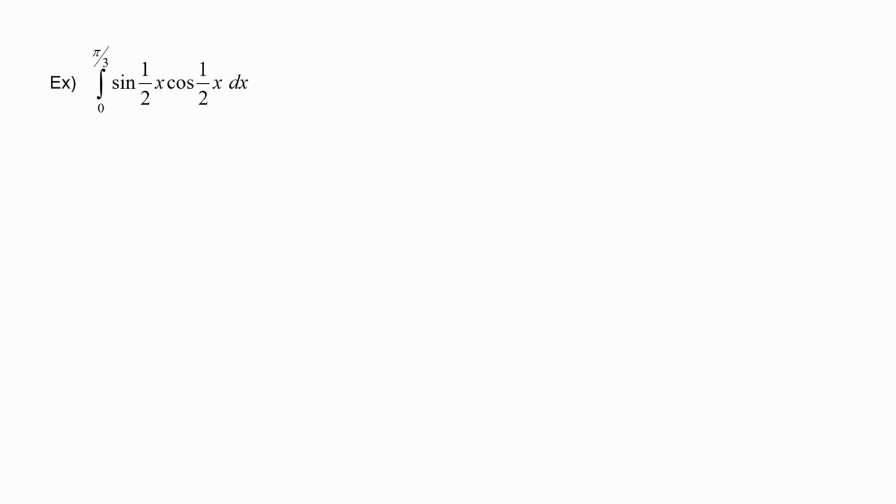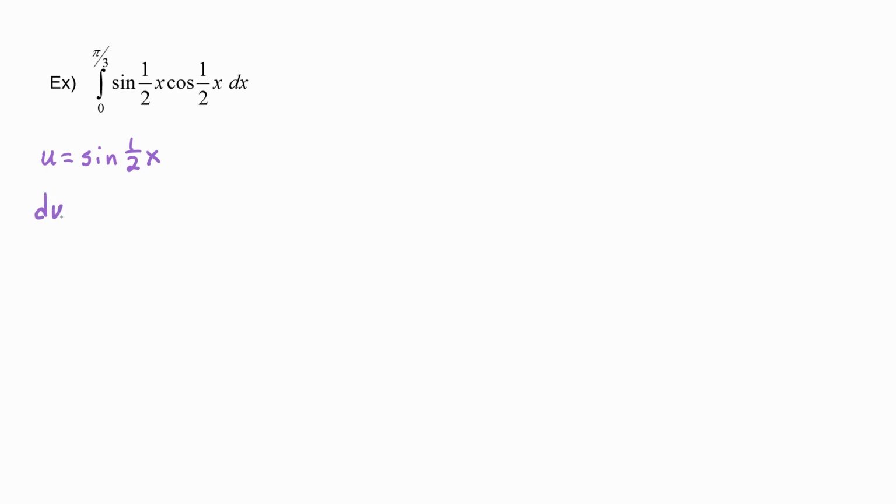So we could pick either one to be u. I'm going to choose u equal to sine of 1/2 x because I know its derivative is a positive cosine and I don't have to keep track of a negative sign.